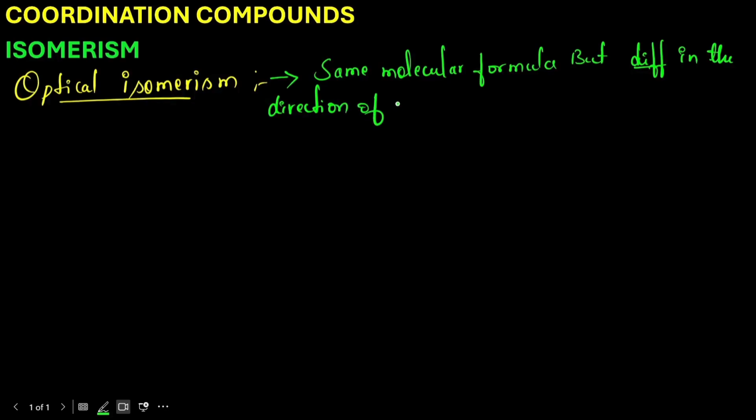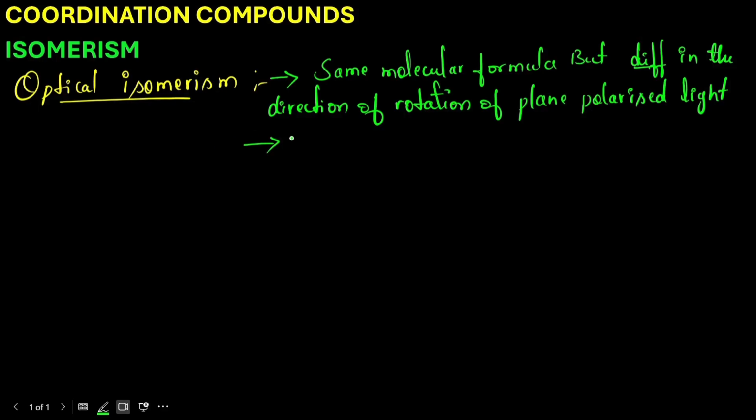So optical isomers will be having the same molecular formula but different in the direction of rotation of plane polarized light. So these are called as optical isomers.